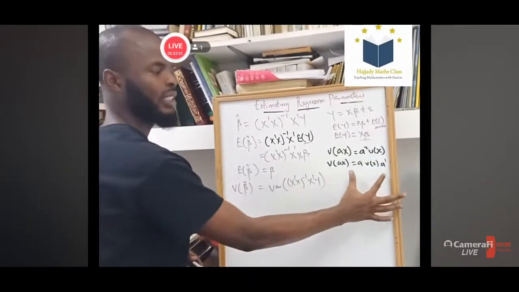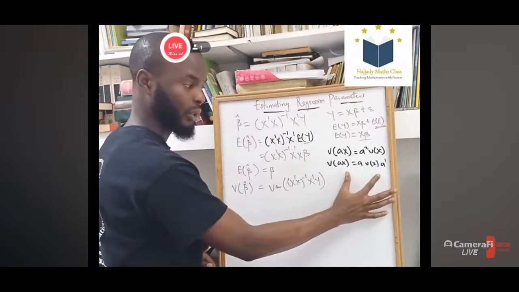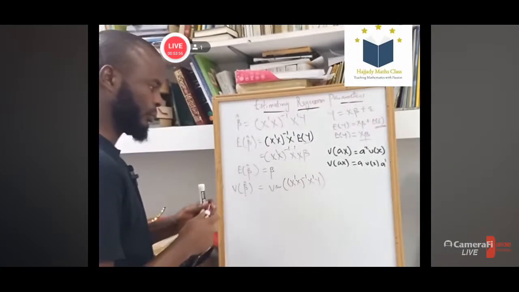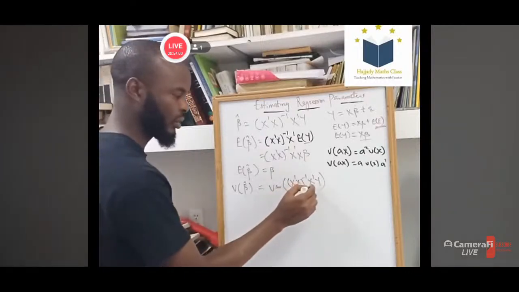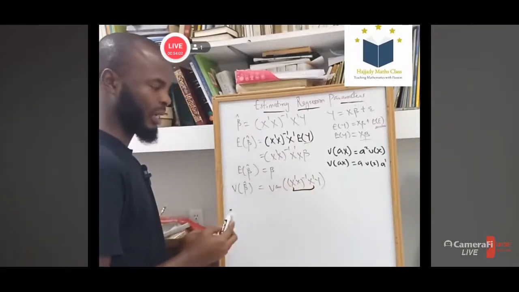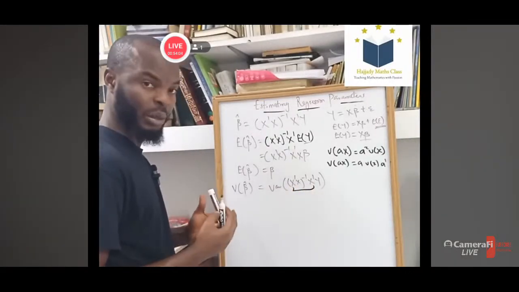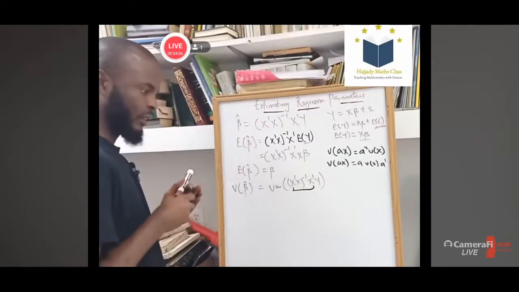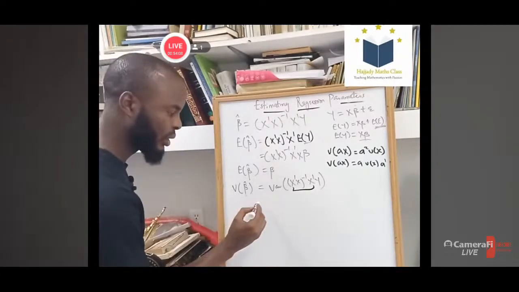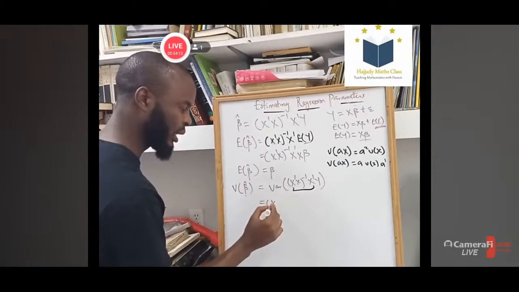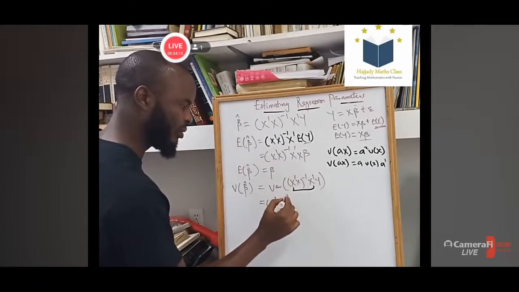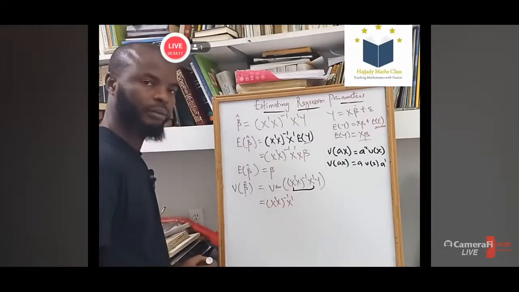So I'm going to use this second approach. This is going to be my constant, this is going to be my a. X prime x inverse x prime is going to be my a in this regard. So using the same approach, I'm going to have my a coming out, which is x prime x inverse x prime.